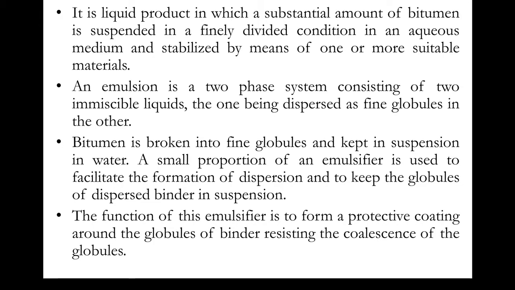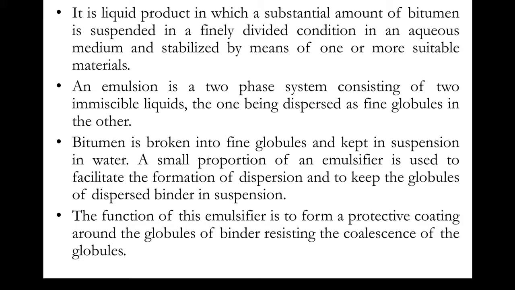So what we do here is we have an aqueous medium, which can be any liquid, which can be water. And we suspend the bitumen, or we mix that bitumen, in that liquid medium. Then, in order to stabilize this solution, we add an emulsifier or a stabilizer.